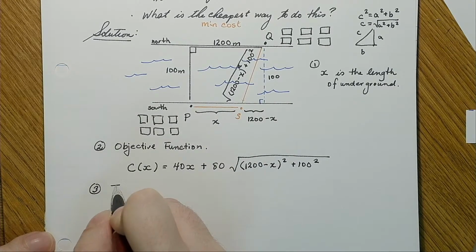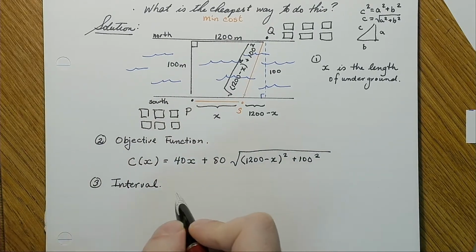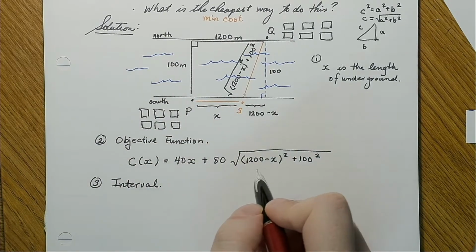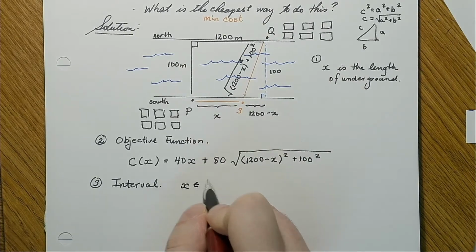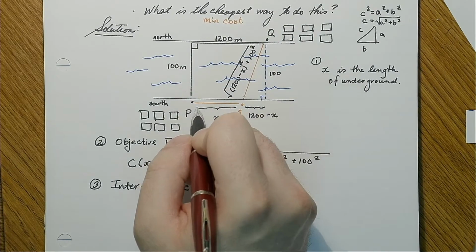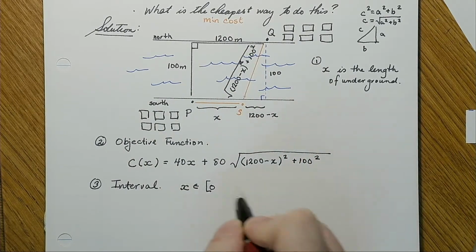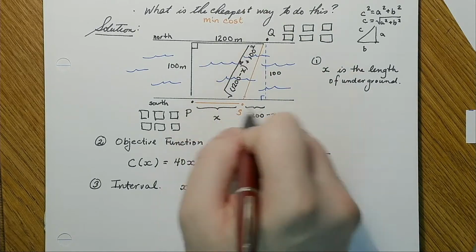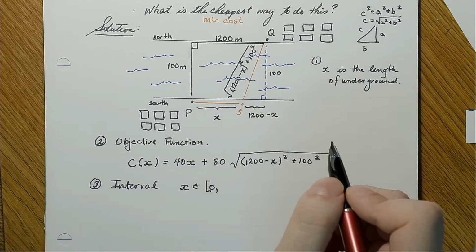Three. We need our interval or a constraint. So for this, the smallest that x could be is 0. And I could run the cable all the way to the end here, and that still doesn't do me anything.